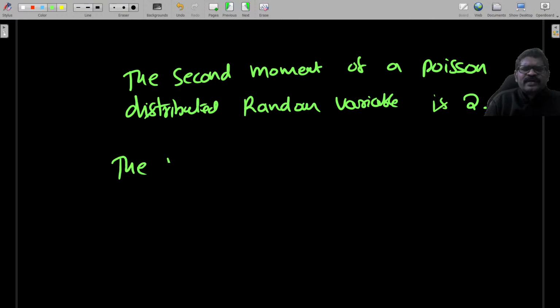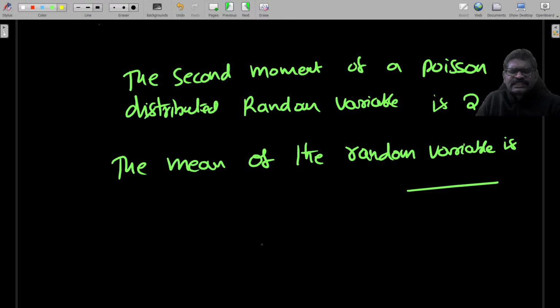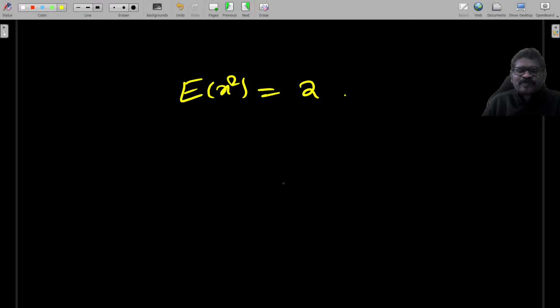The mean of the random variable is? Here it is given that the second moment, that is the expectation of x square, is 2. We have to find the expectation of x.